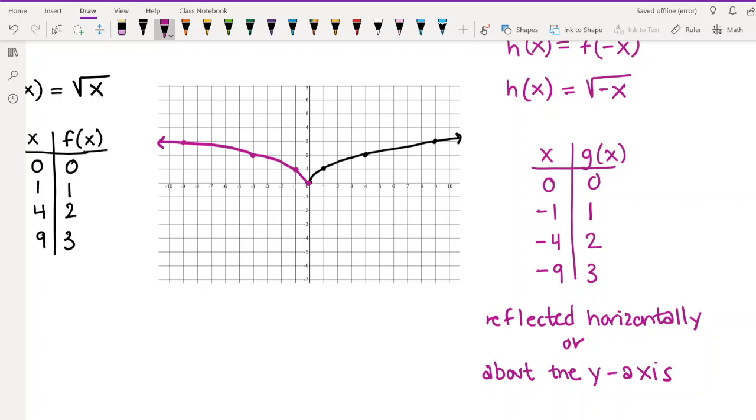So in this case, the y-coordinates all stayed the same, and it's the x-coordinates that flipped sign. And so that causes us to have this horizontal reflection. Or again, you can think of it as reflecting over the y-axis.